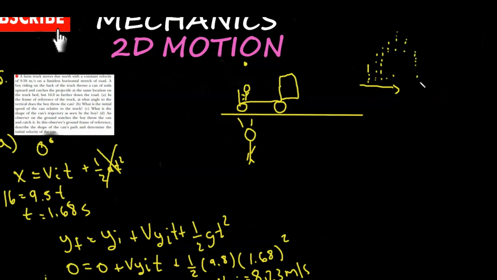And then eventually you're going to see it going down, right? So for you, it's going to form a path like this. You've got to really visualize this. Obviously, you're not going to see the ball going straight up and down, because the truck is moving with it. It's going to drag the ball along. So the theoretical shape that it would take on is a parabola downward. So that is your answer.